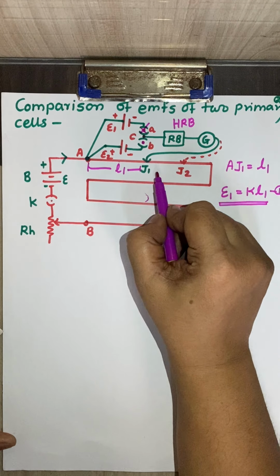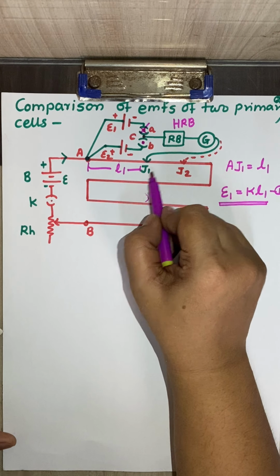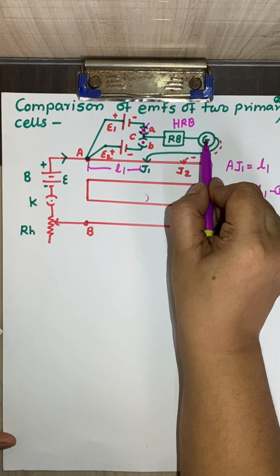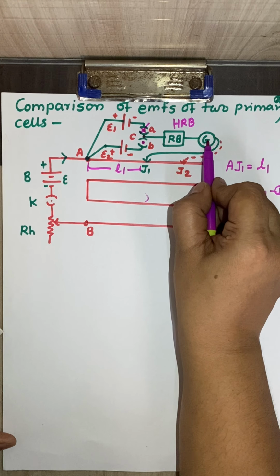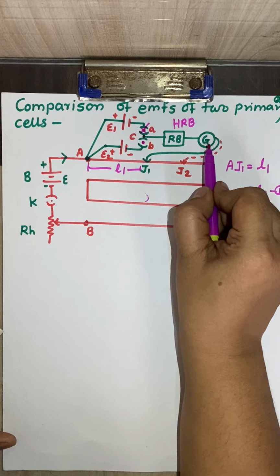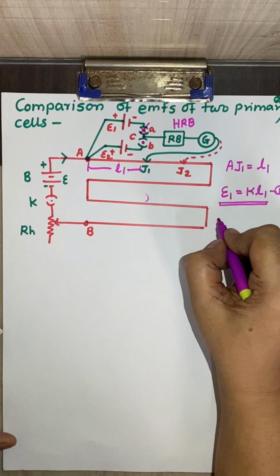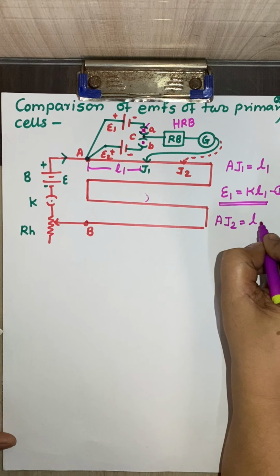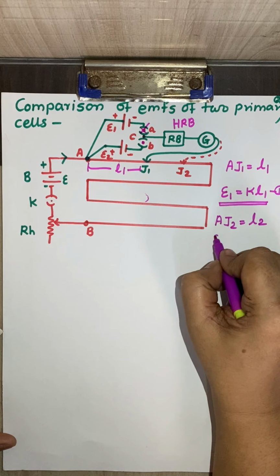Again at a particular point, you will see that the galvanometer shows zero or null deflection. Once again the balancing length will be AJ2, equal to L2.